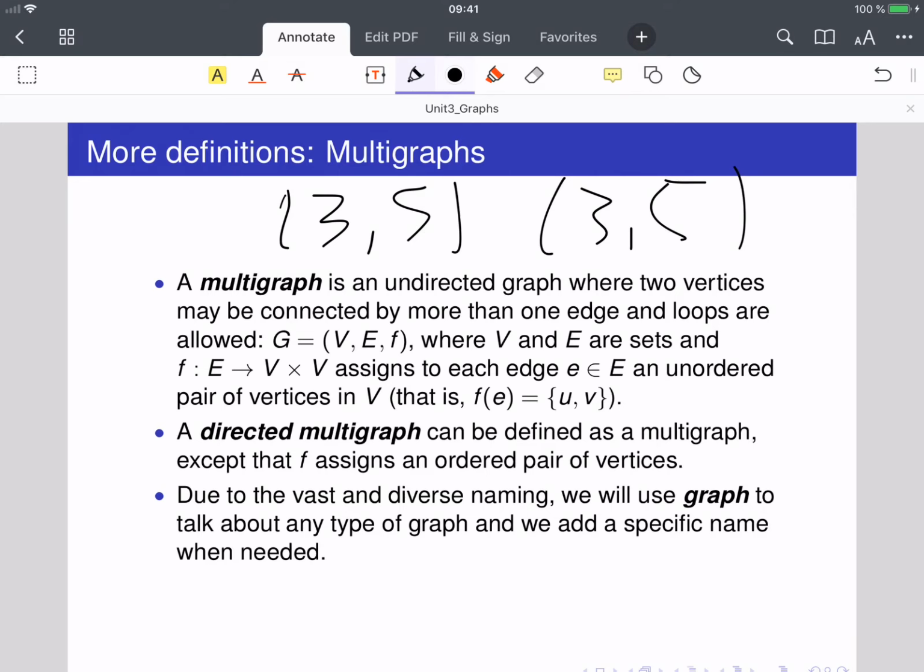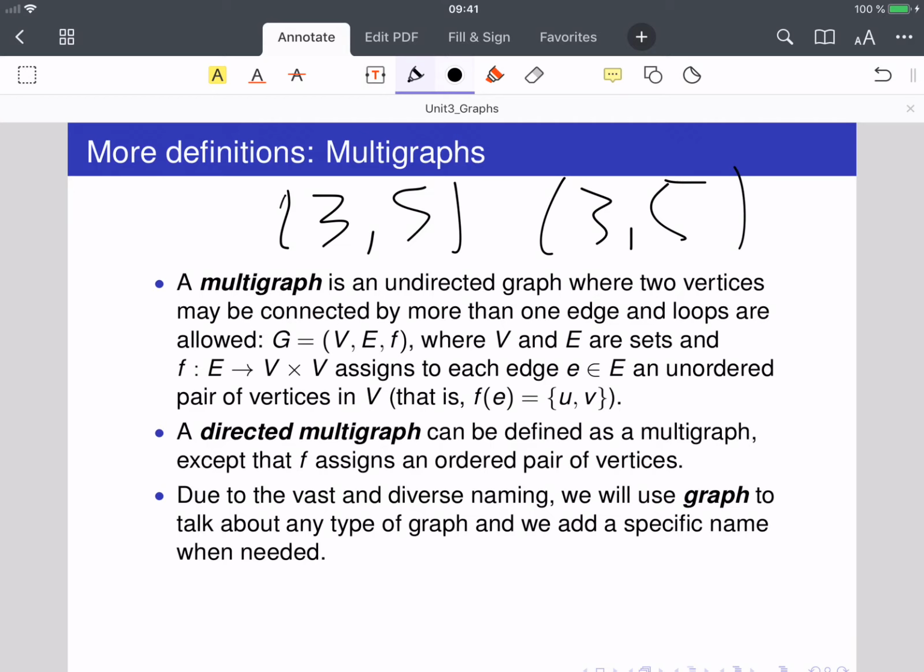So we need to give names to the edges, and then we have a function that tells us which are the vertices connected by those edges. Okay, as I've told you, this is not very important, but notice that we can no longer identify an edge with its vertices, because there can be different edges with the same vertices.